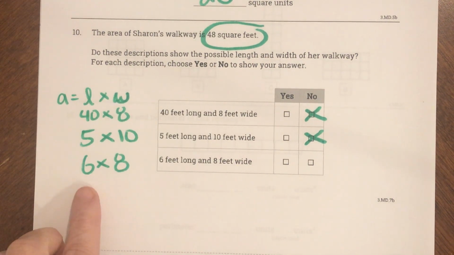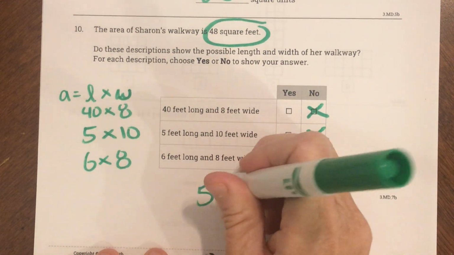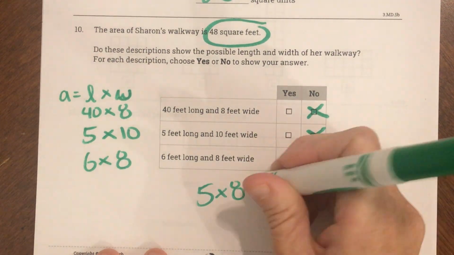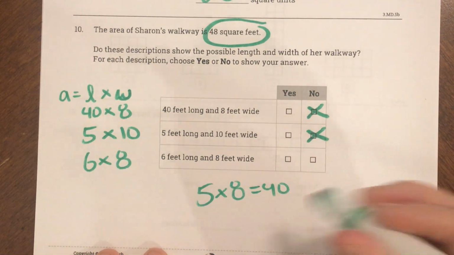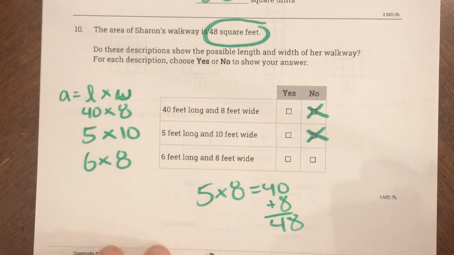Oh, and you might not know this. You might have to do an array to check it, but 6 times 8 is 48. The reason I know is because I know that 5 times 8 is 40, and then if I had one more 8, that would be 48.